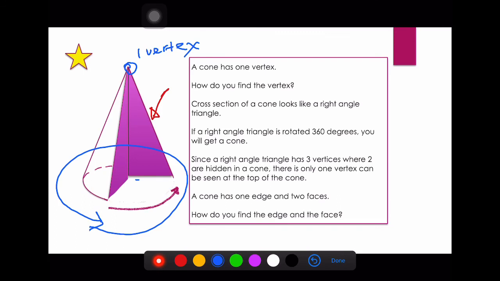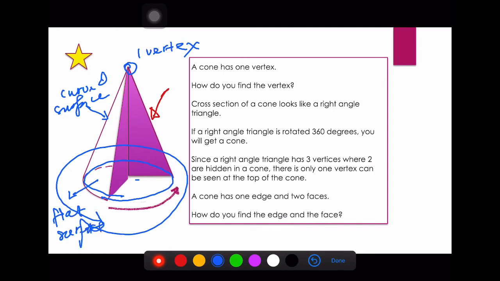A cone has one edge. Remember the edge over here? It is there because of the curved surface meeting the flat surface.